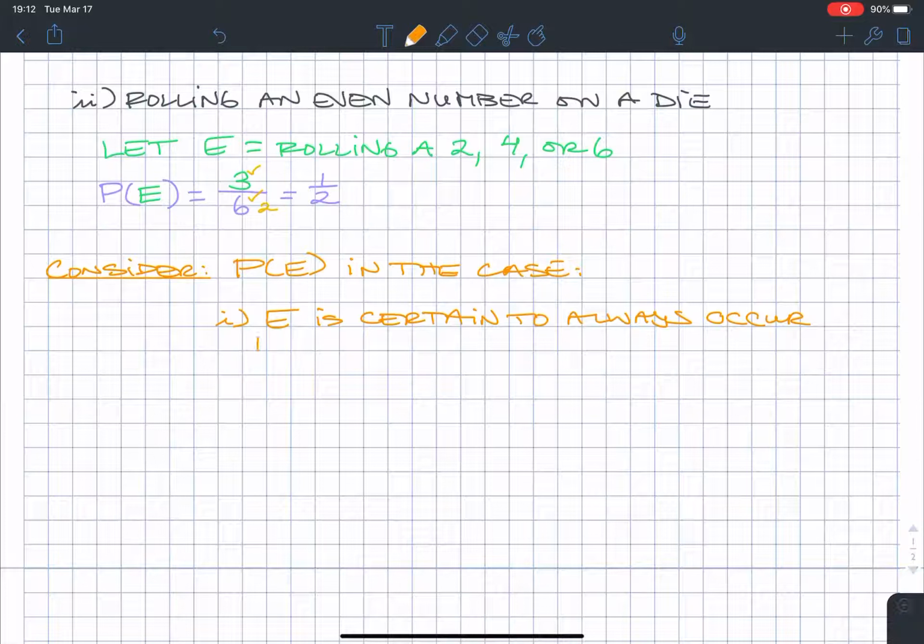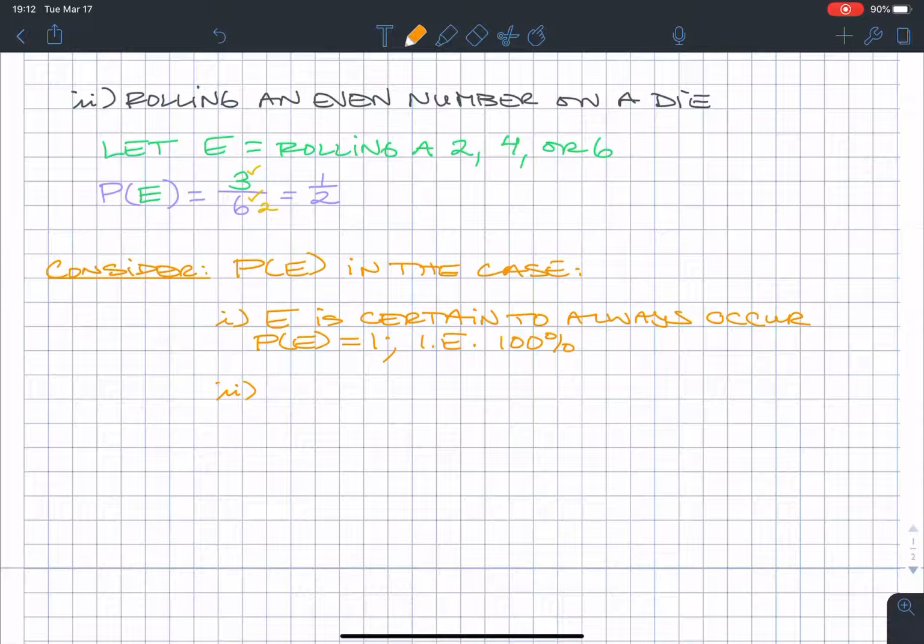Well, the probability of an event that is always going to occur is 1. That is 100%. Because if it's always going to occur, then there's a 100% chance it will always occur.